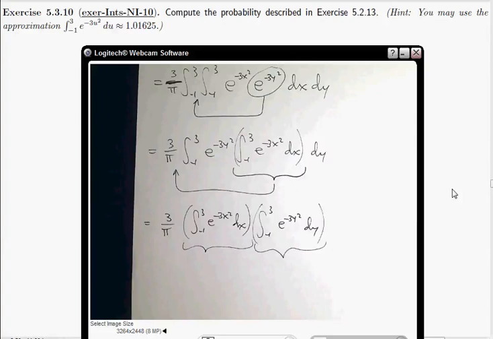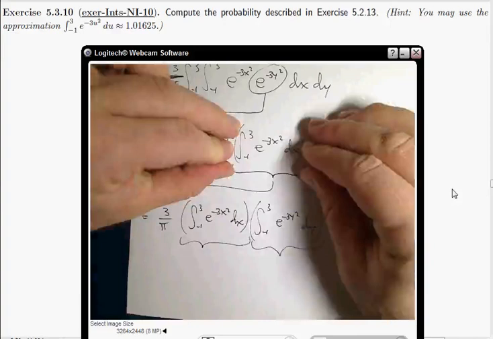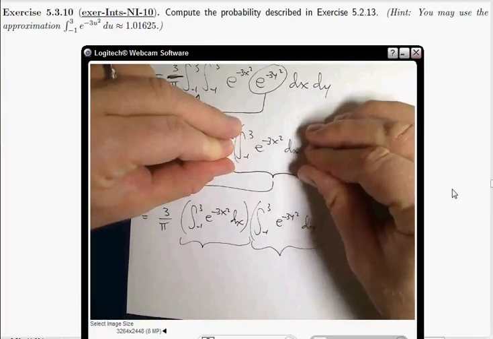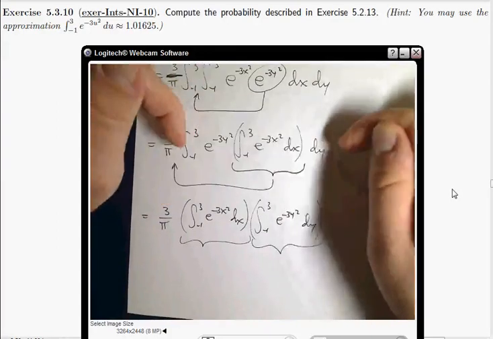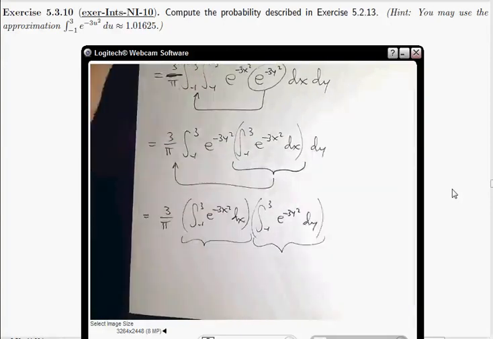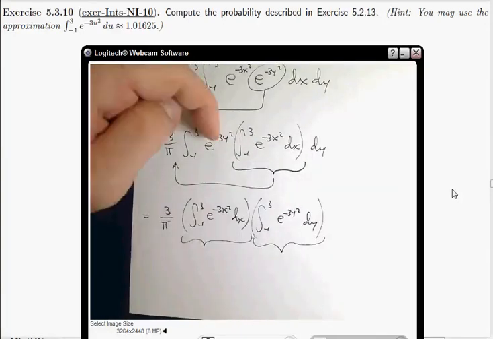You don't have to take the antiderivative of that and add it to it. Yeah, the point is, this is an entire integral. There's a whole story. This integral has to get evaluated before you can even begin to worry about evaluating this outside integral. But the e to the y, you can just pull that out. Talking about this right here.